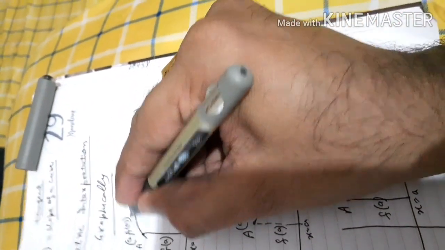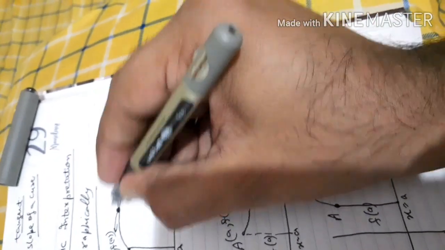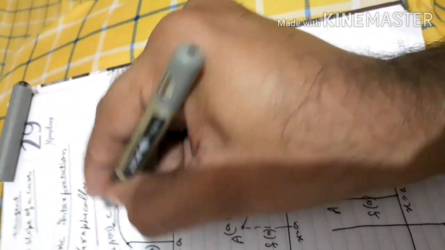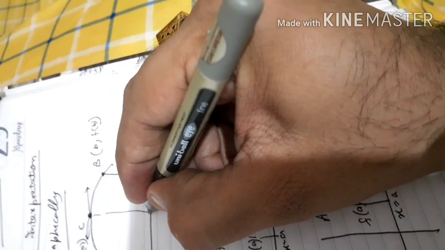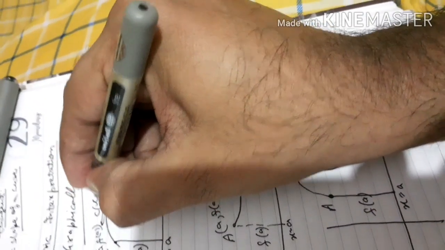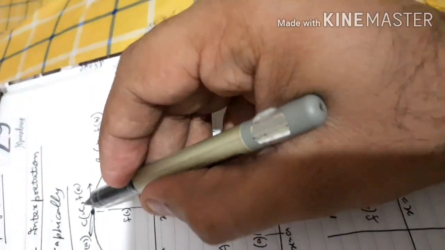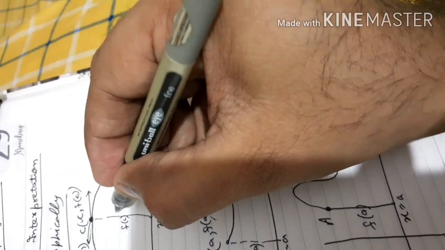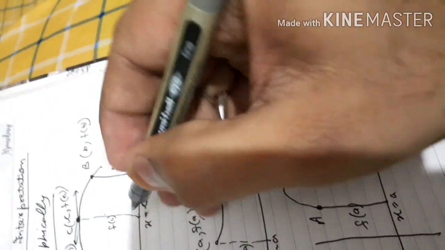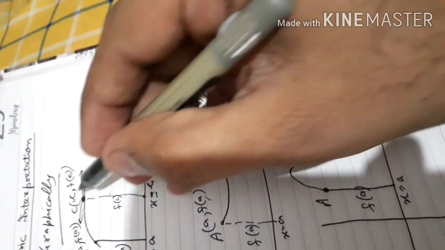In this curve we will get one tangent at this particular point where the line is parallel to the x-axis. Let this point be C. Join it with the x-axis: here x is equal to c, and this point is (c, f(c)). Here f'(c): at this point the line is parallel to the x-axis, and when a line is parallel to the x-axis, as we did in class 11 also, the slope of the tangent is 0.